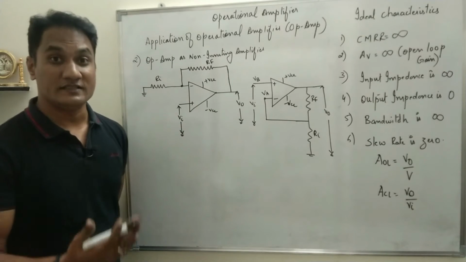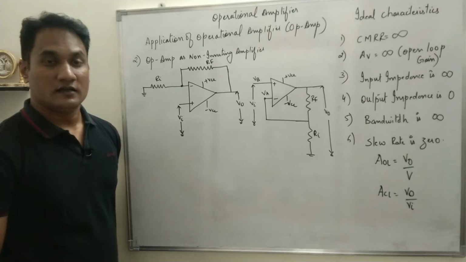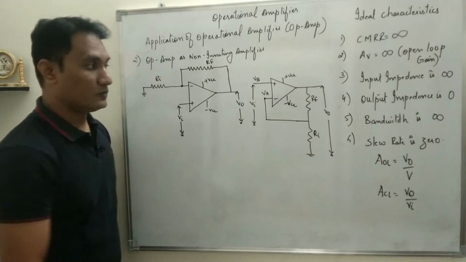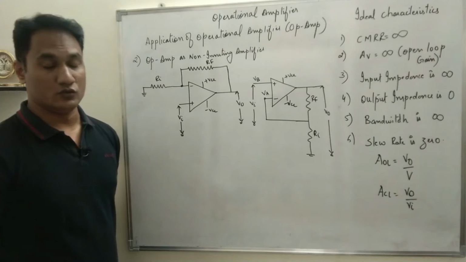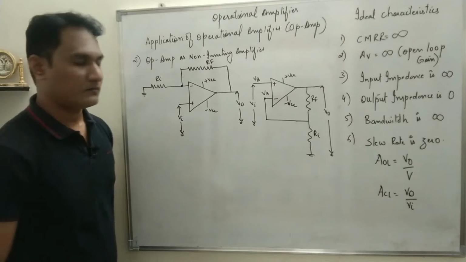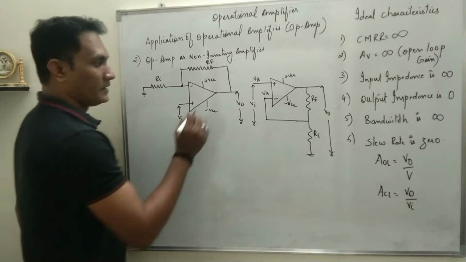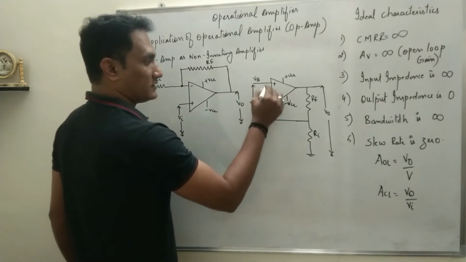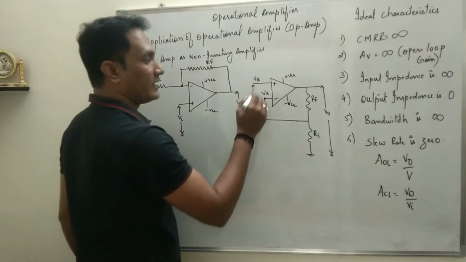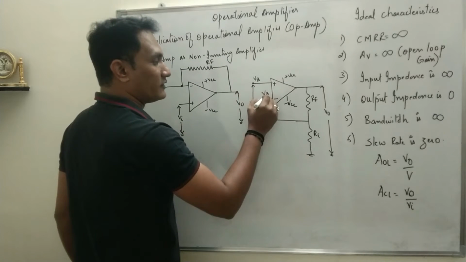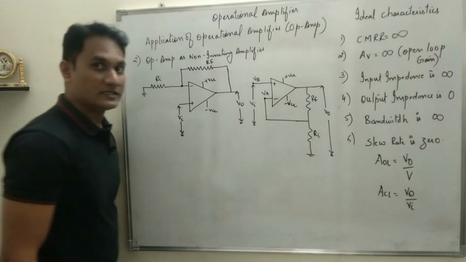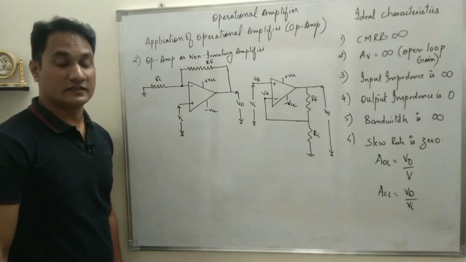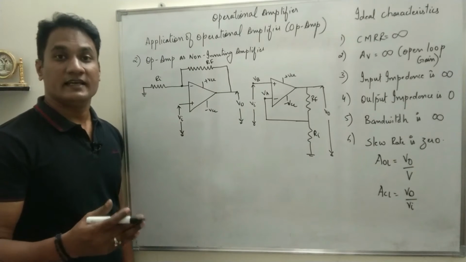Now it becomes very easy for you to understand the derivation which we will be trying to obtain for output voltage. Now this is op amp as a non-inverting amplifier, and you know the differential gain is infinite.